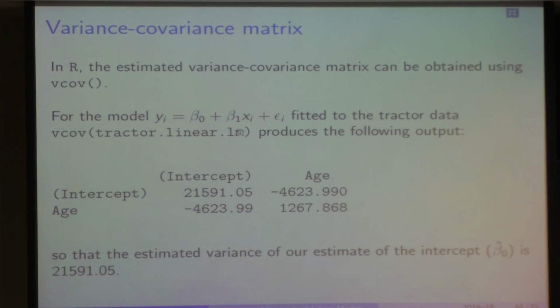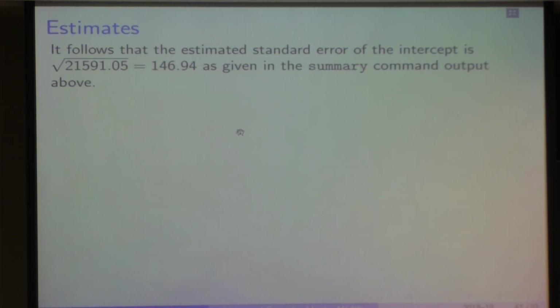So we can interpret that output. For example, the estimated variance of the estimate of the intercept is that top left number. And if we take the square root, we will get the estimated standard error of the estimate of the intercept.